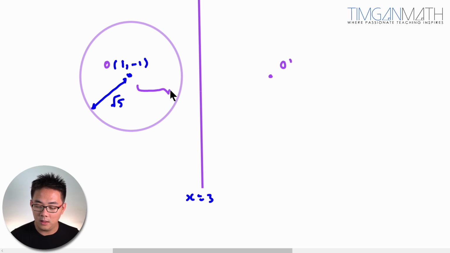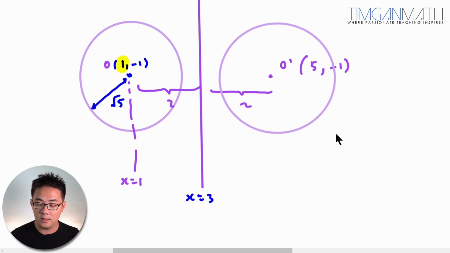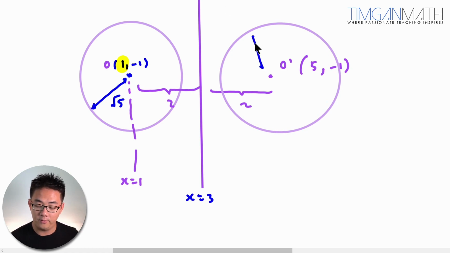The center is at x = 1, which is 2 units from the line, so the reflection will be 2 units on the other side. Adding 2 to 3 gives 5, so (5, -1). The circle has the same radius, root 5.